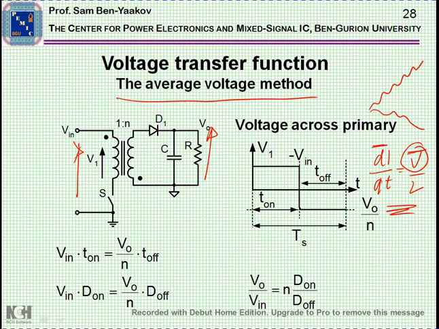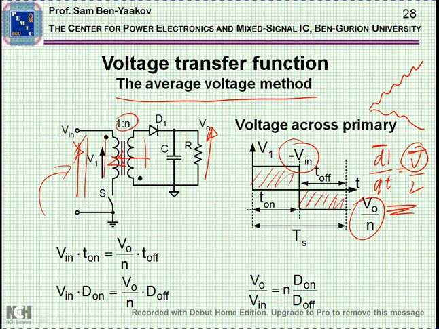Okay? So you can do this calculation looking at any one of the windings, and I choose to do it here. And what I see here is that during the T-on period on this winding, there is the voltage of V in, while during the off period, you see on the winding the voltage of the secondary reflected through N. So it'll be V out over N. Now, therefore, this area must be equal to this area if you want the average to be 0.